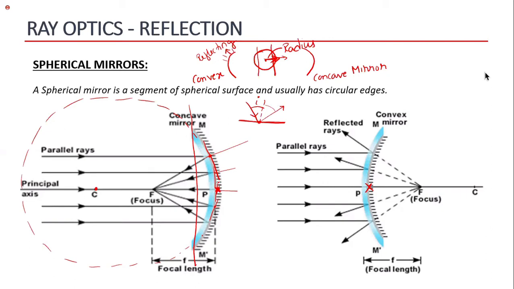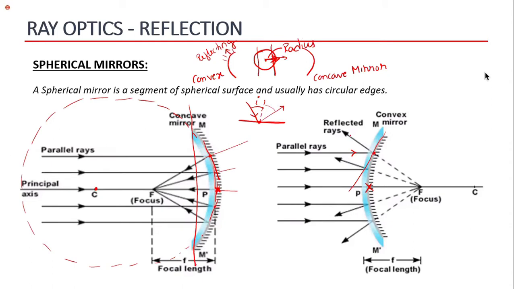Now, in case of your convex mirror, at this point it is coming and hitting. So at this point I'll take a tangent and at that point I'll take a normal. As I said, any ray which is passing parallel to principal axis has to go through your focal point, isn't it? But here, if you take a tangent and a normal, you go like this and it gets reflected and goes in this direction, right?